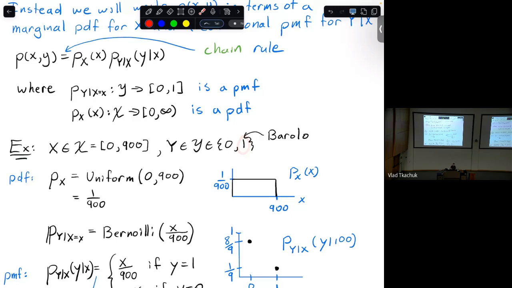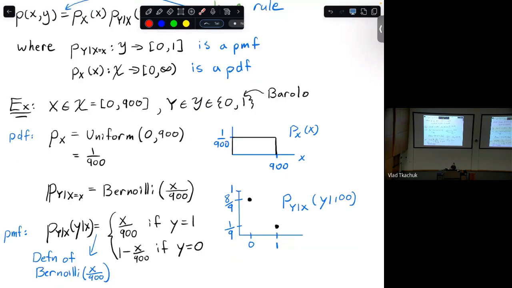Okay, so now let's see how this calculation might work. Someone might tell you, okay, I gathered my features X, which is the amount of chemical, uniformly, from a uniform distribution over 0 and 900.